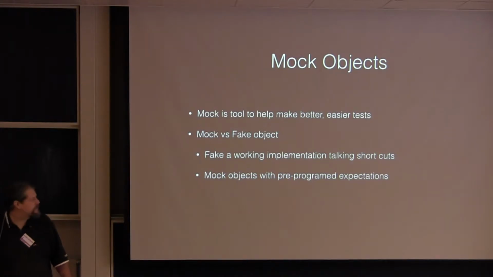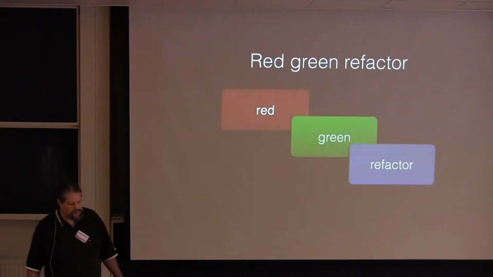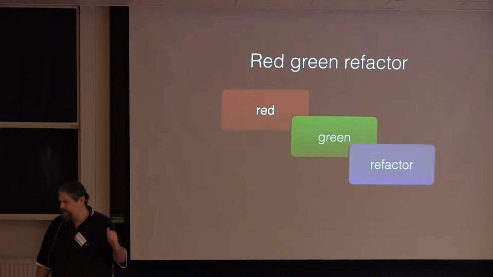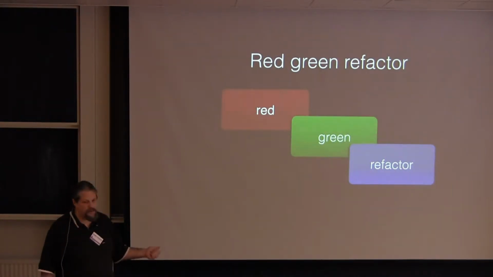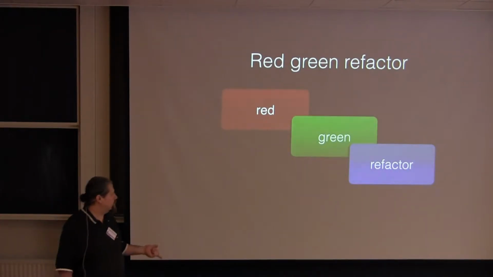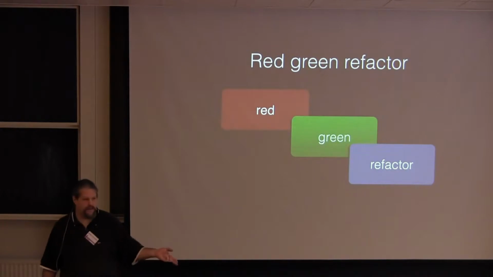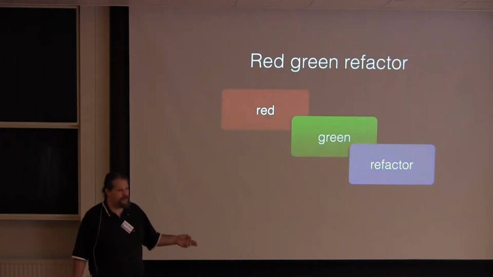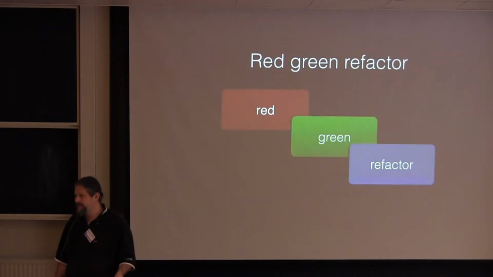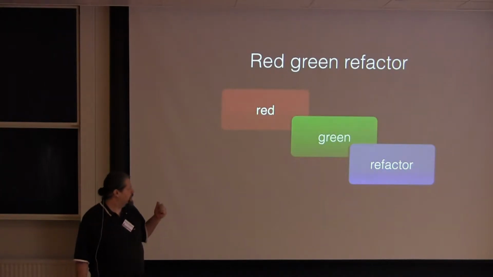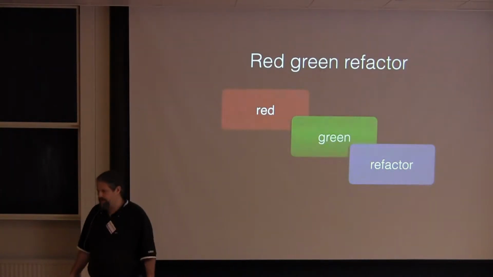Test-driven development is going around some development steps. First you have a red state, that is make something fail. You have the green state to make that one test pass as quick as possible. And the refactor step where you make it look good. And you can have this loop on many levels.